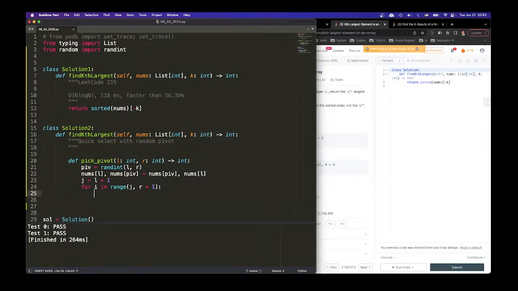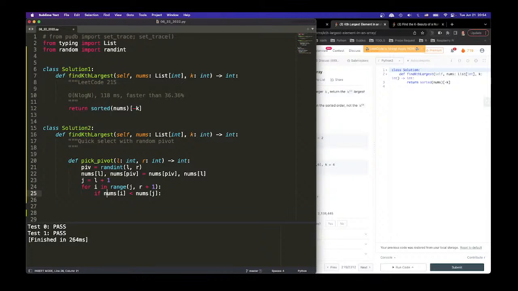So go all the way. And if nums i is smaller than nums j, okay? If this happens, if nums i is smaller than nums j, then we swap.